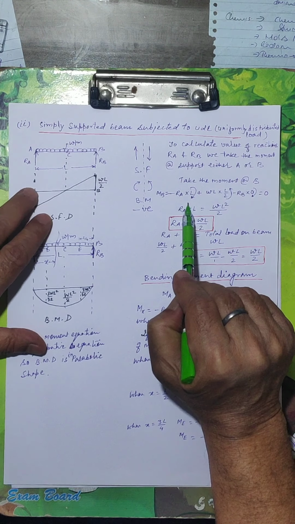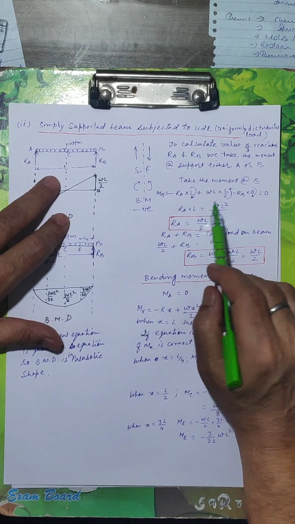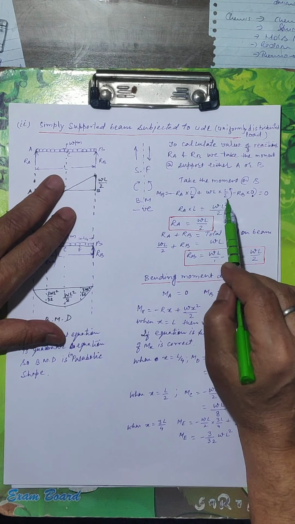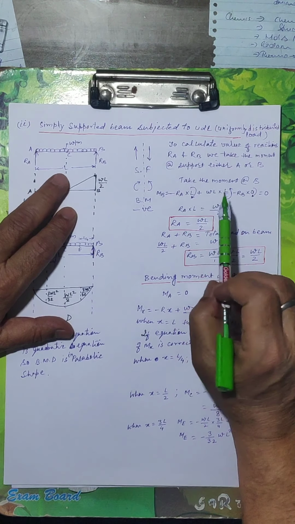RA into L, plus first of all see that what is the value, then we will let you know about the sign convention.